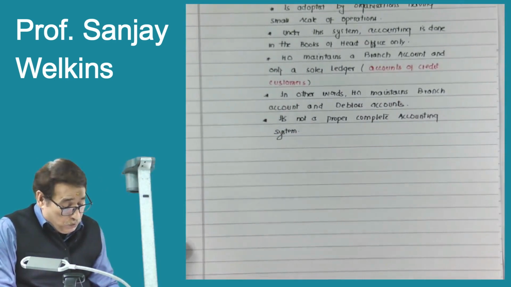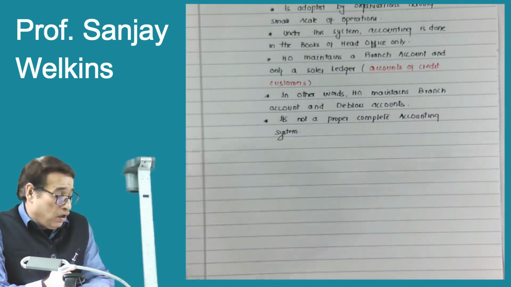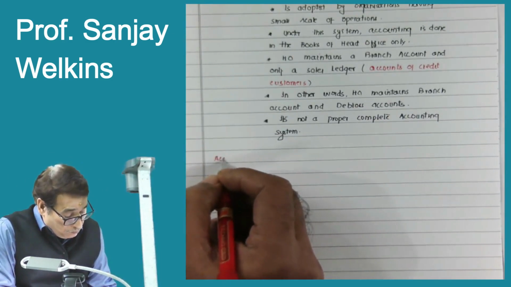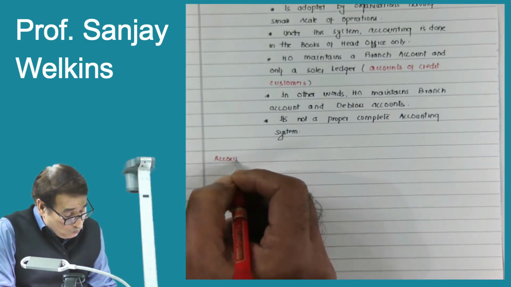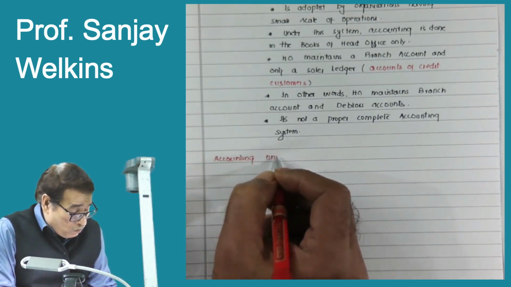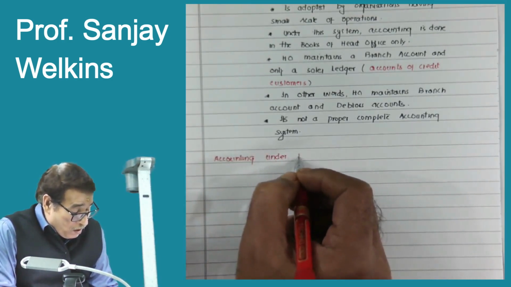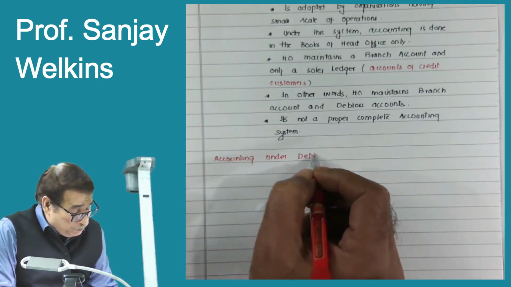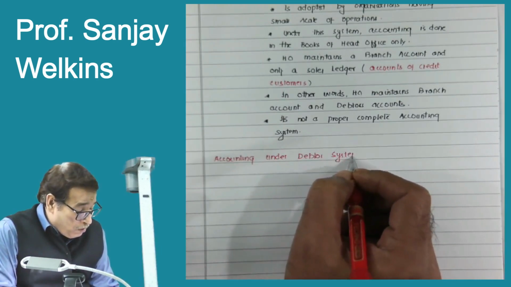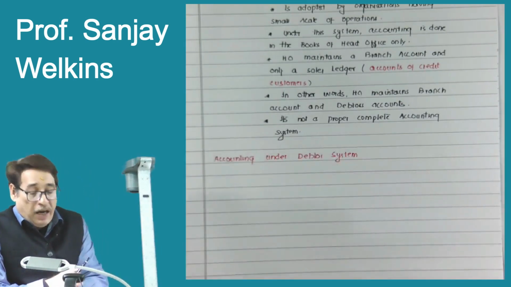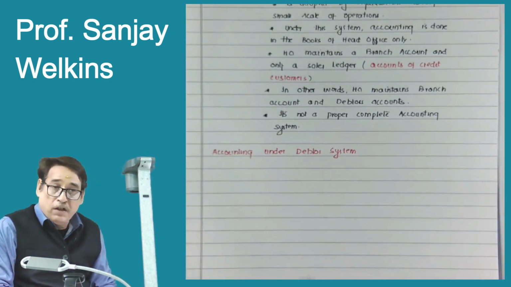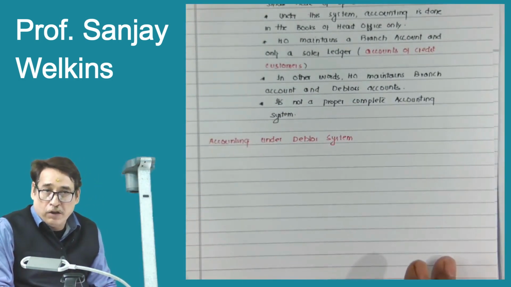Now we come to the accounting under the debtors system, how we prepare the accounts. At this point you are aware that entire accounting is done in the books of the head office.